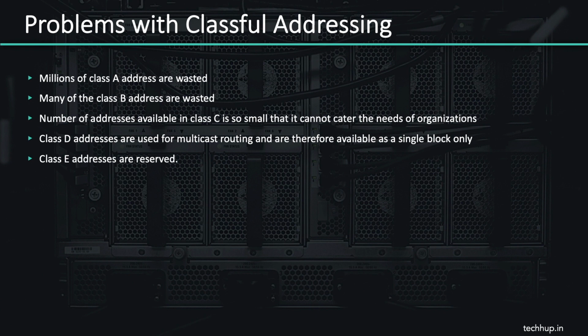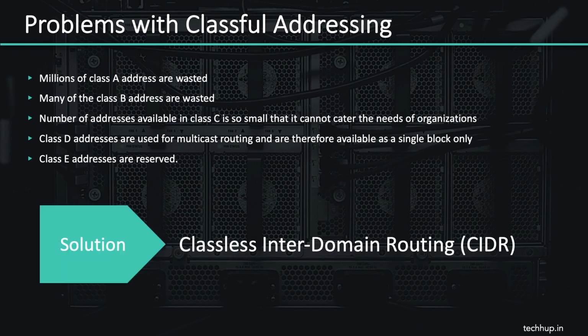Class D addresses are used for multicasting and are therefore available as a single block only, and Class E addresses are reserved. Since there are these problems, classful networking was replaced by what we know as classless interdomain routing, or CIDR, in 1993. We'll discuss classless addressing in the next slide.